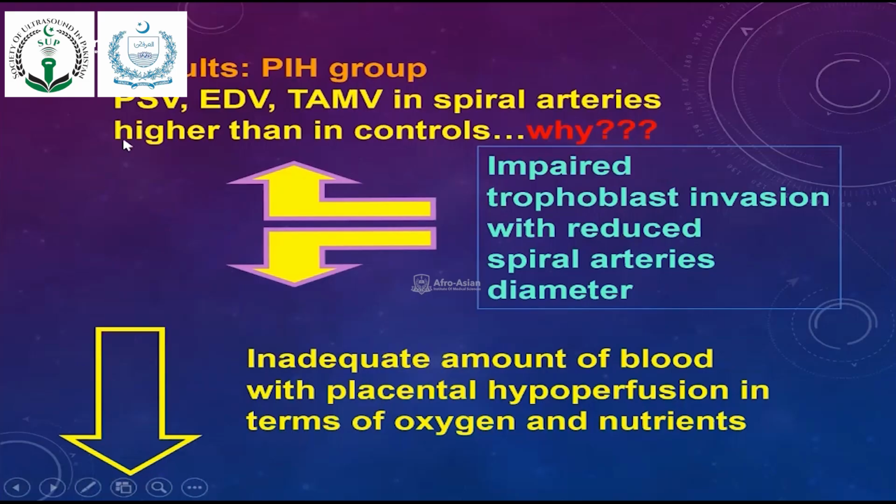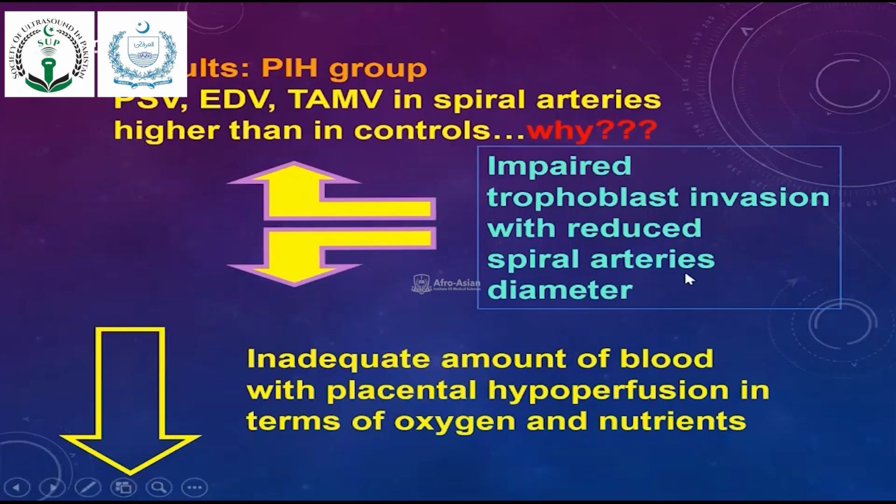The peak systolic velocity and diastolic velocity and TMV in spiral arteries are higher than in controls. Why? The reason is that there will be impaired trophoblastic invasion with reduced spiral arteries diameter.